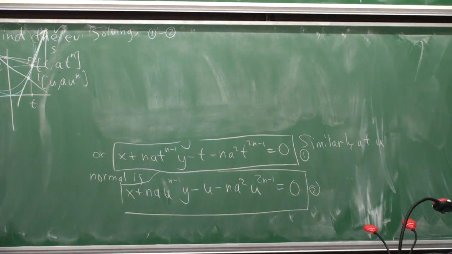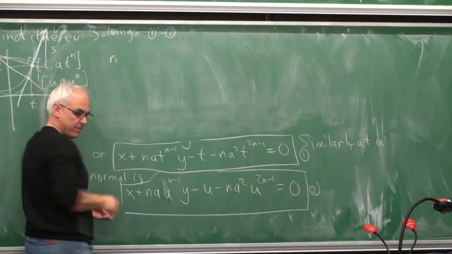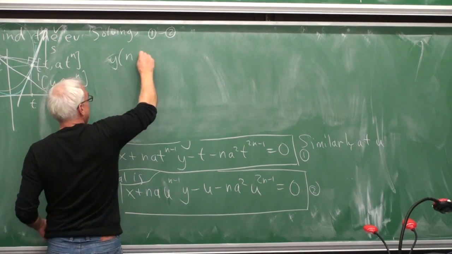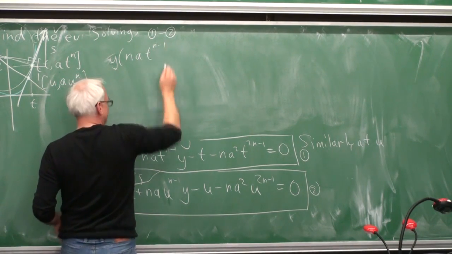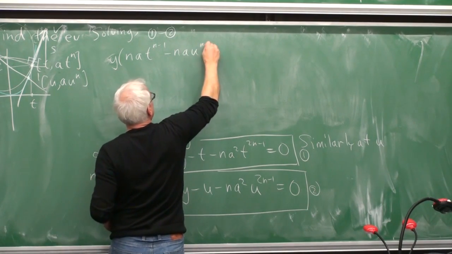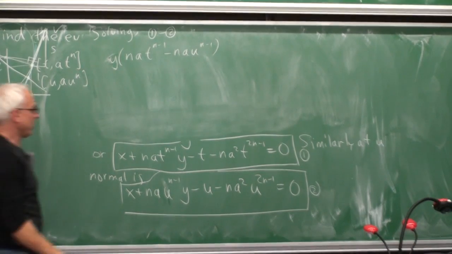What's that do for us? The x's will cancel. We'll have y times na t to the n minus 1 on this side and minus na u to the n minus 1 on that side. And then we should bring everything else to the other side.